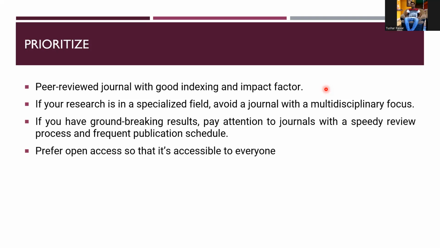If you have groundbreaking results, then pay attention to journals with a speedy review process. Speedy review doesn't mean that they will publish your article within 24 or 48 hours. But if your results are really groundbreaking, really important, they should be published quickly.